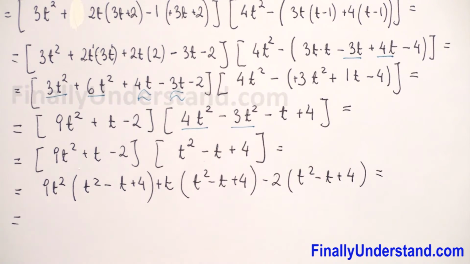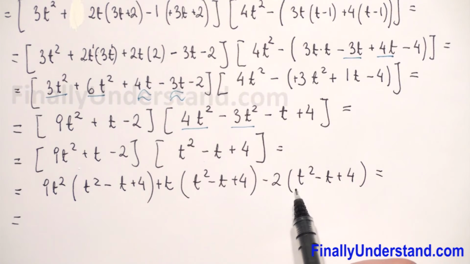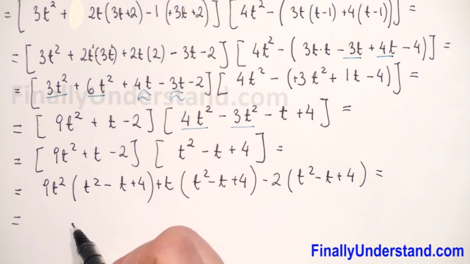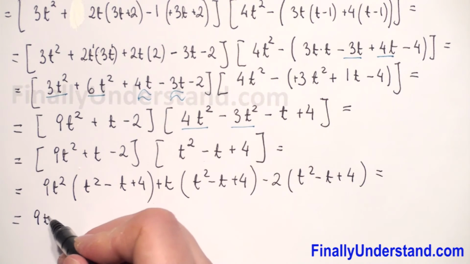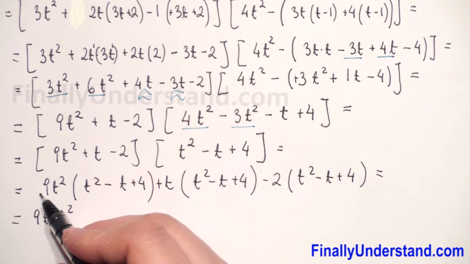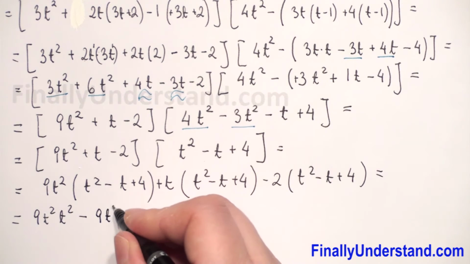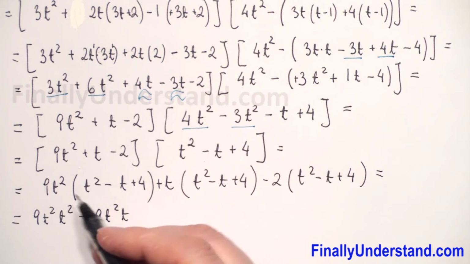So now we have to use the distributive law of multiplication. We have to multiply the first parenthesis by 9t squared, the second by t, and the third by negative 2. So we have 9t squared times t squared. We don't have a sign, it's always positive, so positive times negative will be negative 9t squared times t.